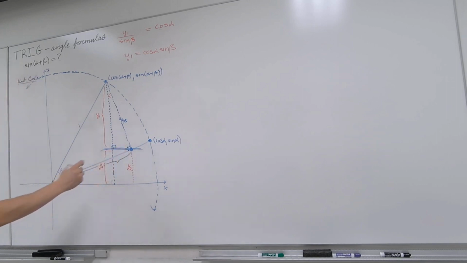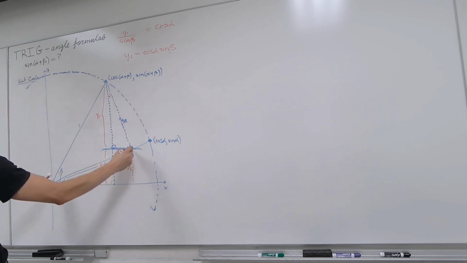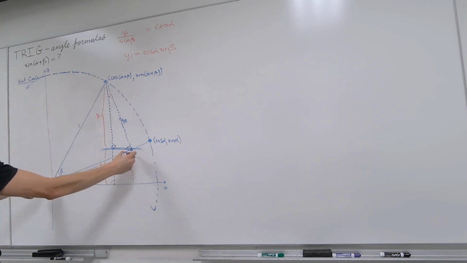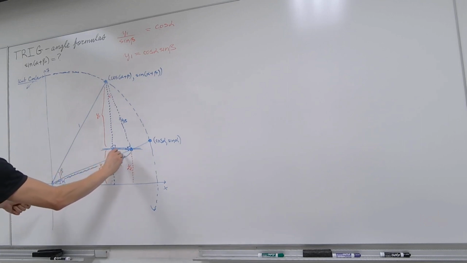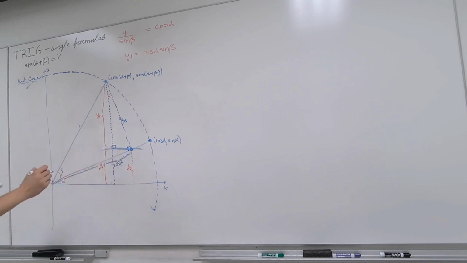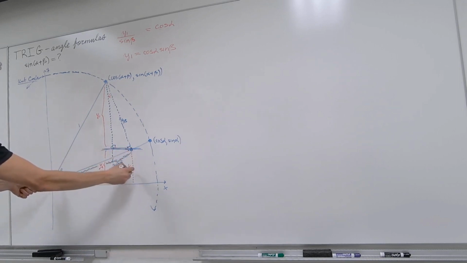What is that? That's going to be cosine beta. Remember that? This is sine beta, this is cosine beta. So this line right here, that length is going to be cosine beta. Now we're looking for y2.